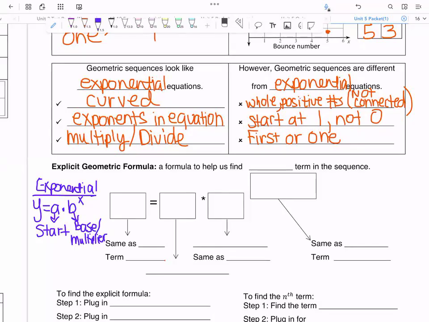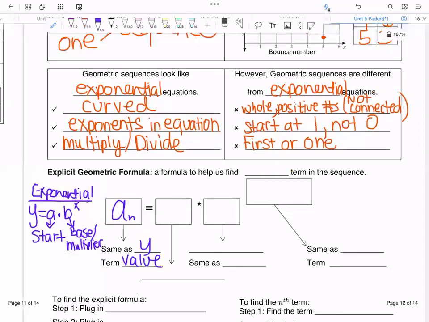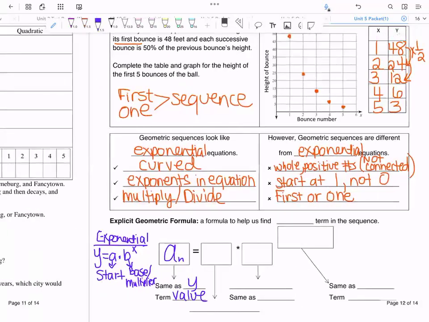So geometric sequences are really similar to that. We're going to have a sub n, which is the same as y. That's our term value. So when we look up at our table up here, our y's were the actual height of our bounces. So that would be our term value, is the actual height of the bounces. And then a sub 1 times r, and then n minus 1 up in the exponent.